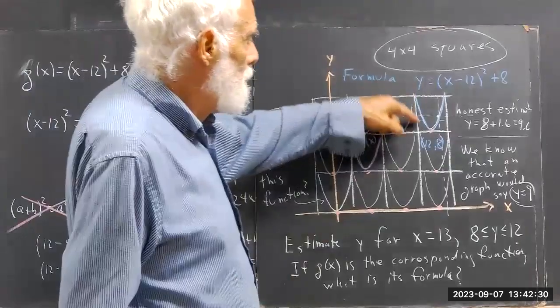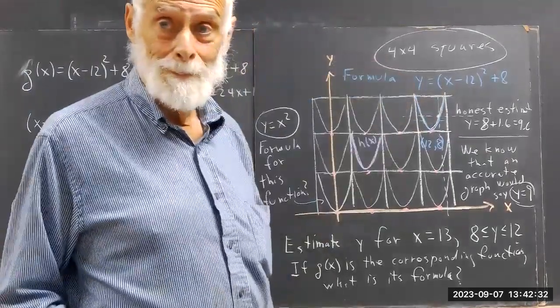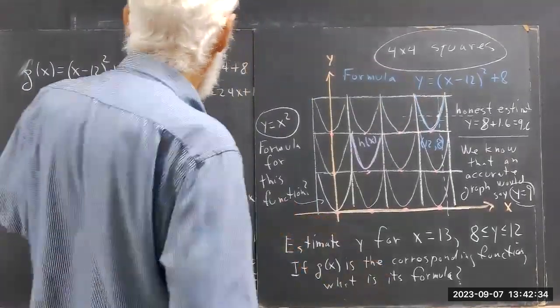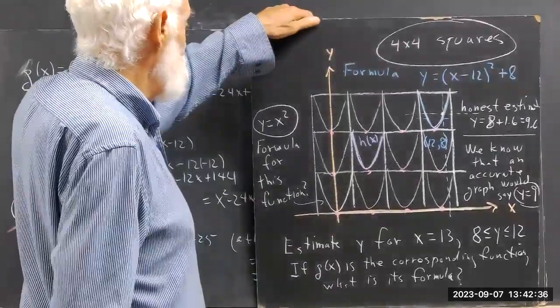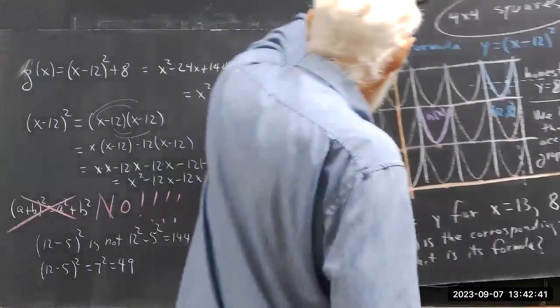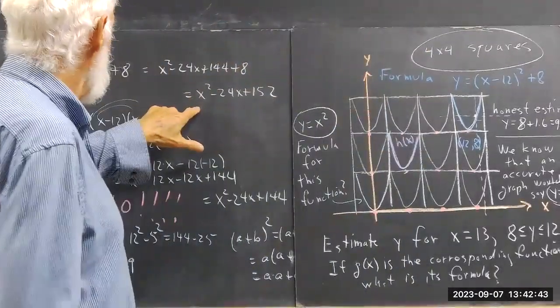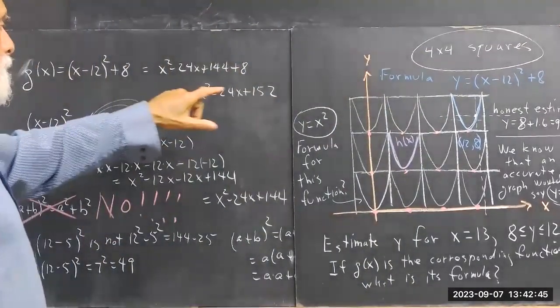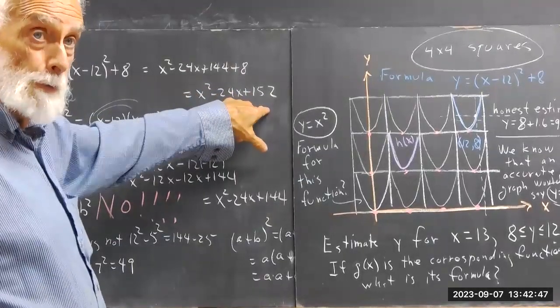Well, let's just assume this function here is important. That's a function we just did. That function has a formula right there: g of x is x squared minus 24x plus 152.